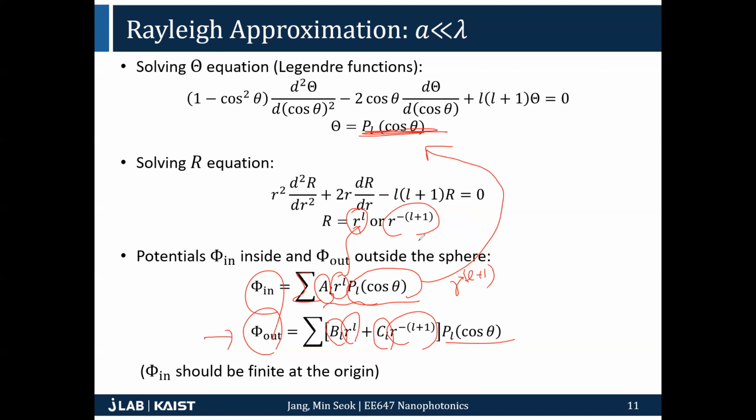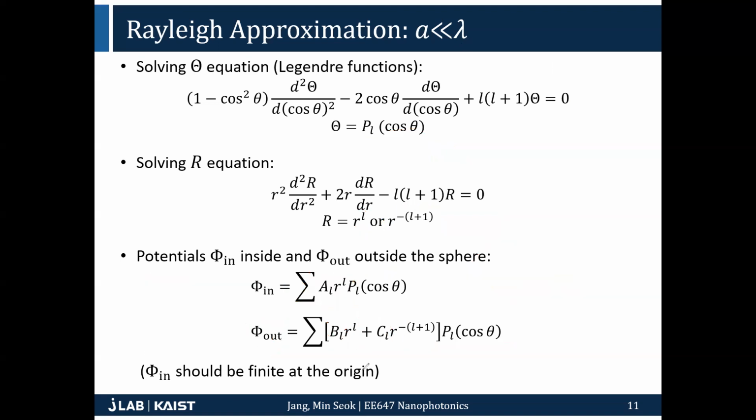Yes, thank you, Kim Chae-yoon. As Kim Chae-yoon said, if we have R to the minus L plus 1, this diverges when R goes to 0. And the inside solution, of course, contains the origin, so the field cannot be diverging and we cannot have this term. That's exactly correct.